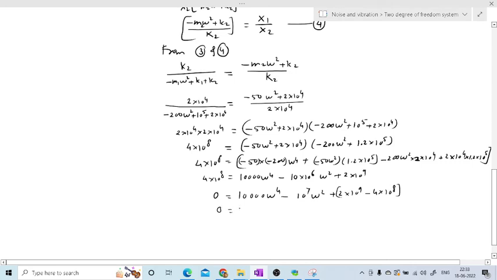So 0 equal to 10,000 omega raised to 4 minus 10 raised to 7 omega square, and after solving this, it will become 2 into 10 raised to 9.